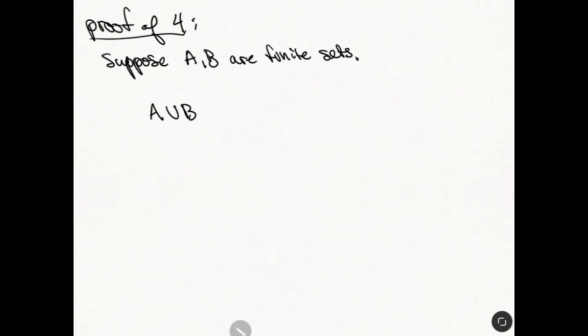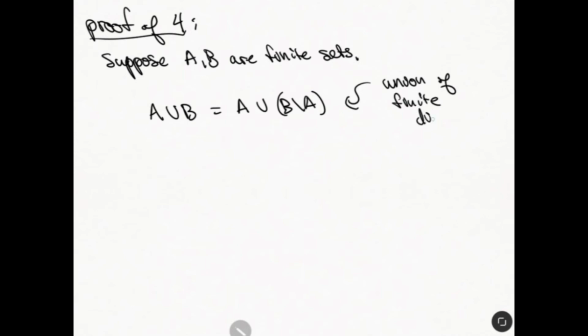A union B is equal to A union B set minus A. And this is a union of finite disjoint sets, and hence by the previous lemma, is finite.